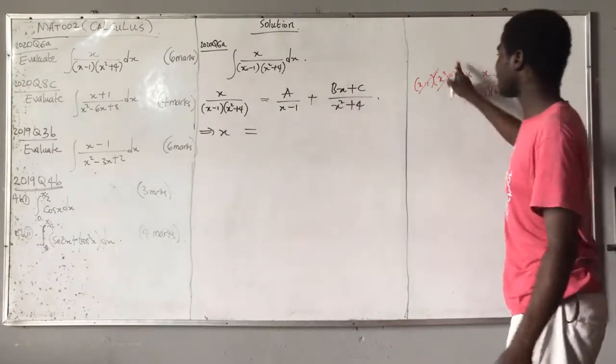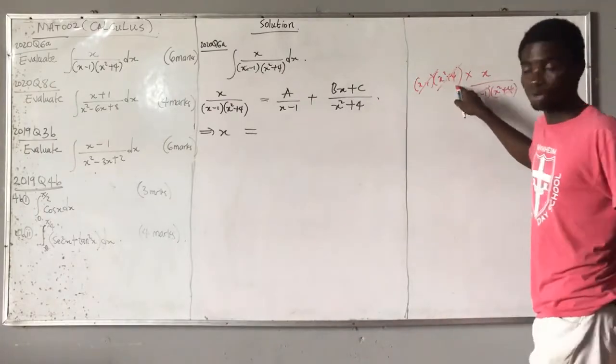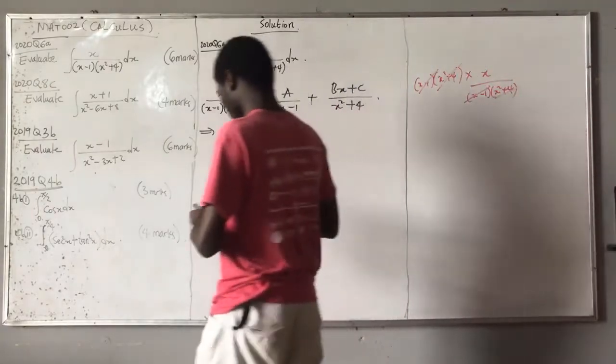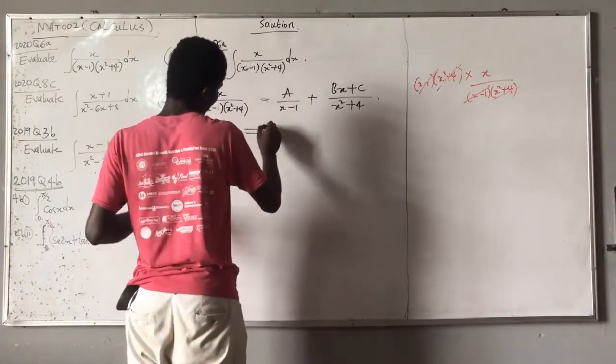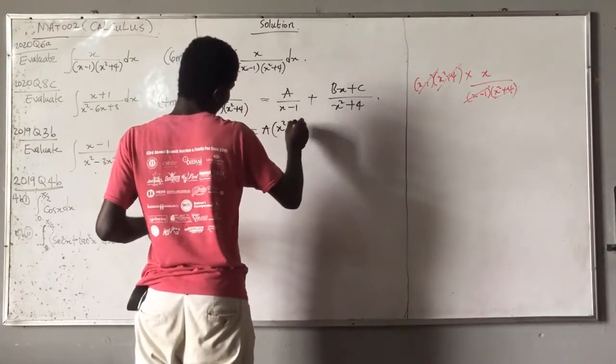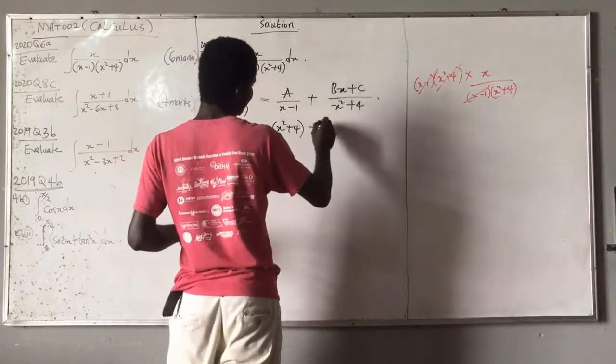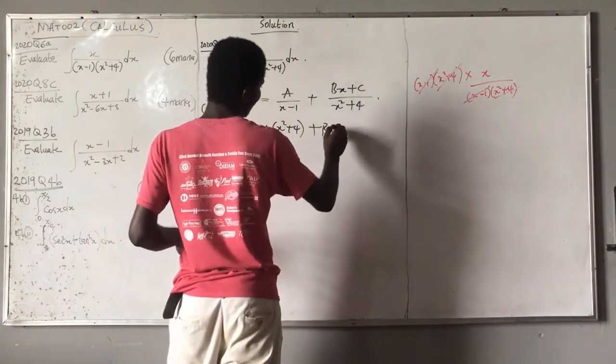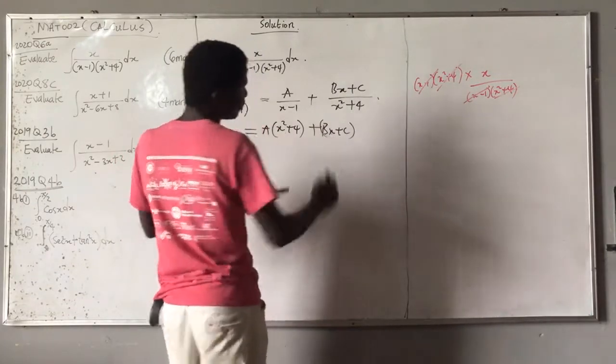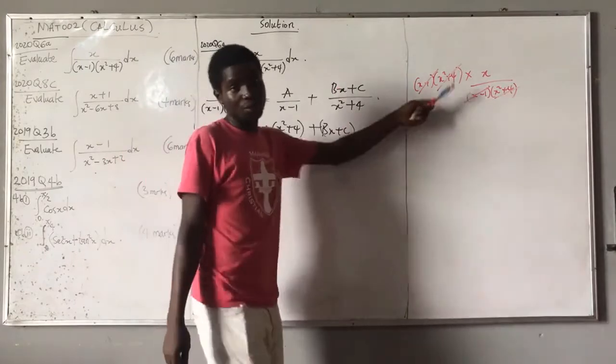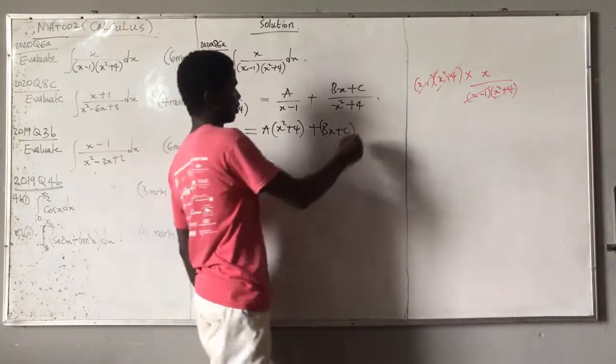If you multiply this one with this one, you will be left with s squared plus 4. So here we have a times s squared plus 4. Then this one, bs plus c. If this one multiplies this one, s squared plus 4 will cancel, and I will be left with s minus 1.